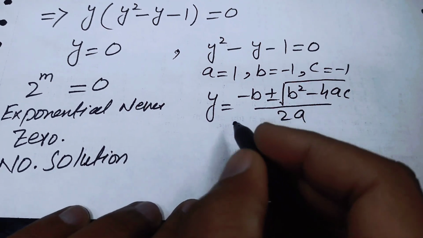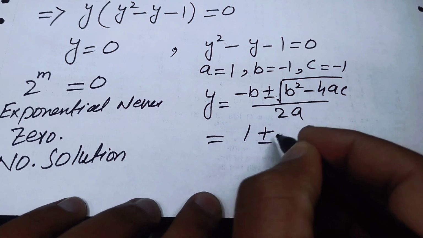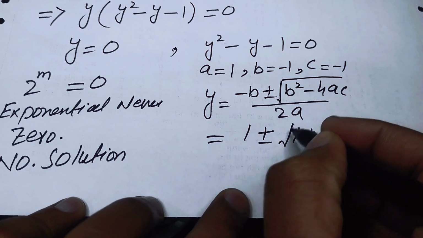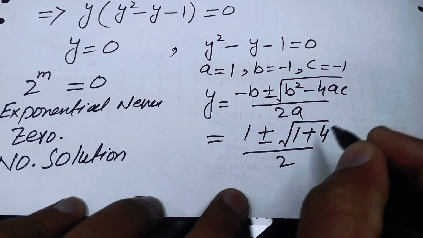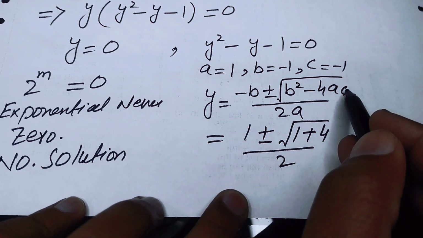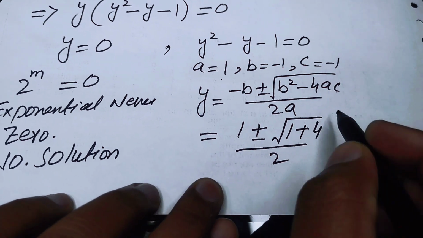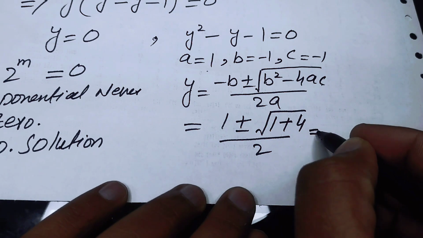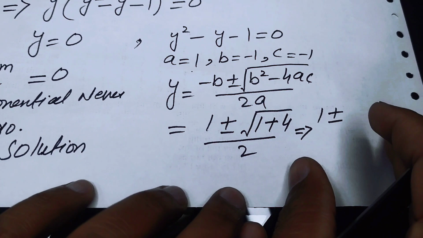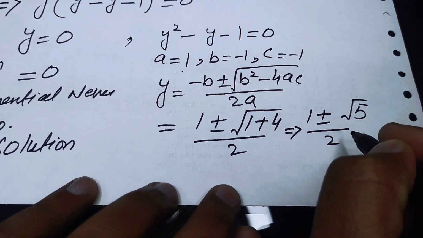So we substitute all the values of a, b and c, and we will get 1 plus minus square root of 1 minus, plus 4, over 2. Since a is 1 and c is minus 1, this minus 1 multiplied by minus 4 becomes plus 4, and finally we get the value of y is 1 plus minus square root of 5 over 2.